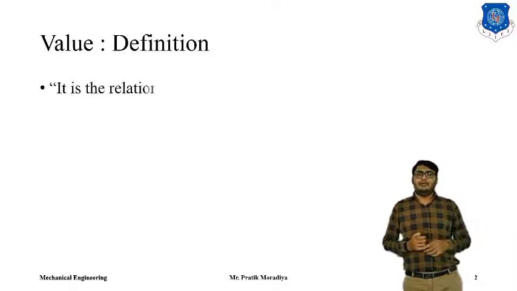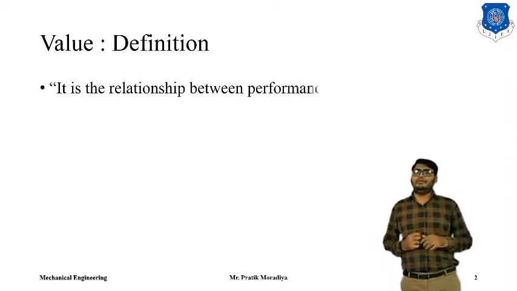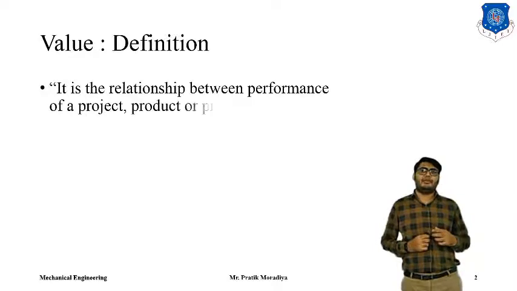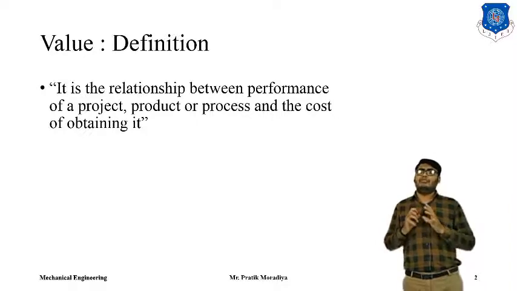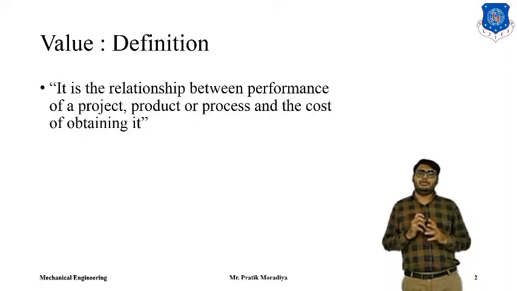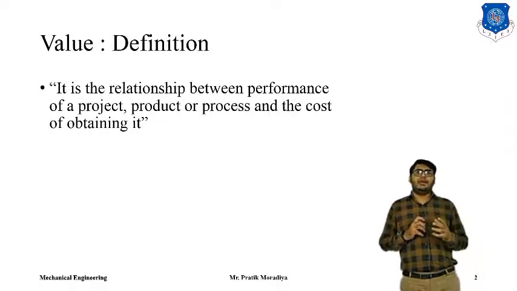What is value? It is the relationship between performance of a project, product or process and the cost of obtaining it. So this is by definition what value is. It is relation between the performance of a project and the cost.